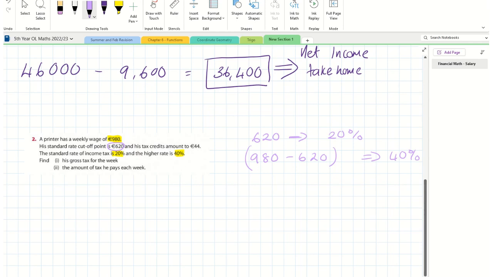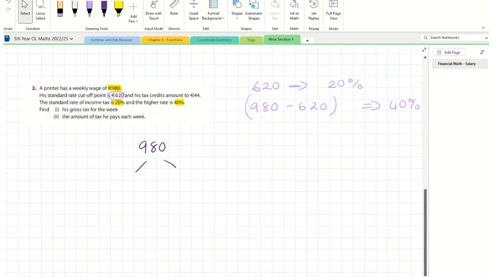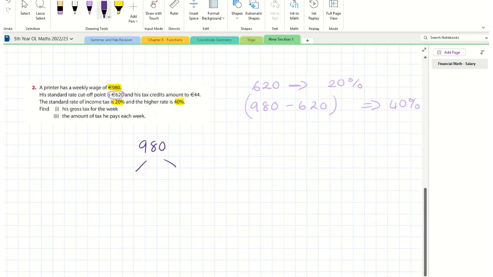Okay, so let's go ahead and do this one. So we have our 980, and again we have to split this. So we have 980, the first 620 is the standard rate. So we're going to get 20% of this.